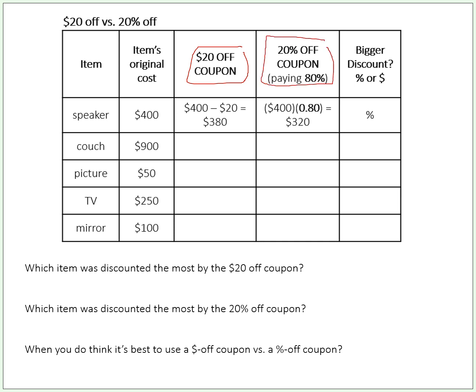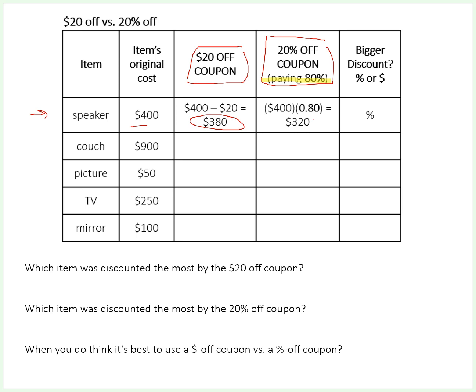So if this set of speakers costs $400, if I apply the $20 off coupon, I'm going to pay $380. If I apply the 20% off coupon, first of all, if I'm getting 20% off, I'm going to pay 80%. So I can multiply by 0.8.